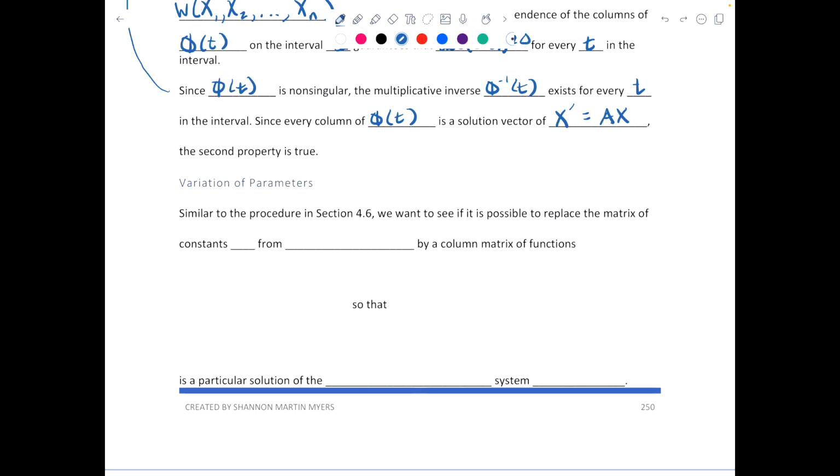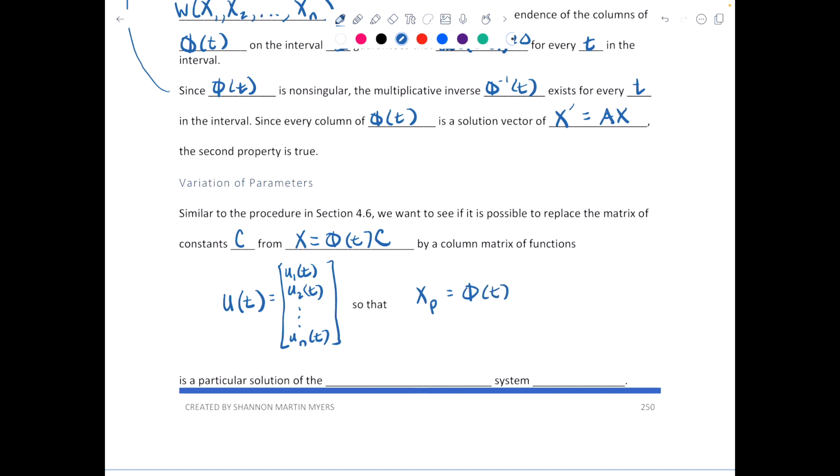So variation of parameters, similar to the procedure in 4.6, we want to see if it's possible to replace the matrix of constants C from x equals phi at t times c by a column matrix of functions u at t equal to u1 at t, u2 at t, all the way down to un at t, so that the particular solution matrix xp is equal to phi at t times u at t.